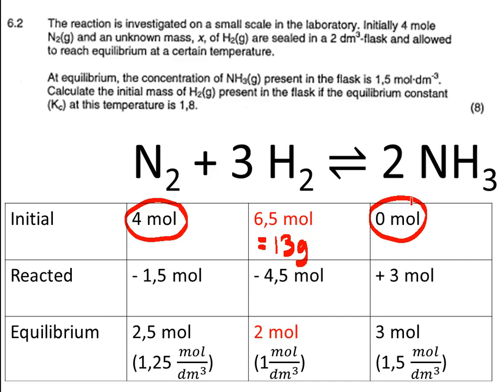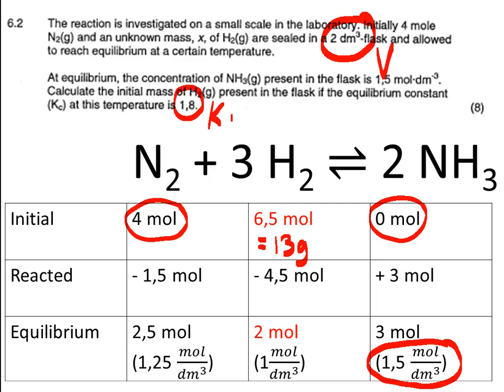And then we were also told that the final concentration of ammonia, once it reaches equilibrium, is 1,5 mole per decimeter cubed. The other piece of information we were given is the volume, 2 decimeter cubed, of this enclosed flask, the sealed flask. And the last piece of information was Kc, which is 1,8. And what we had to find was the mass of hydrogen present.